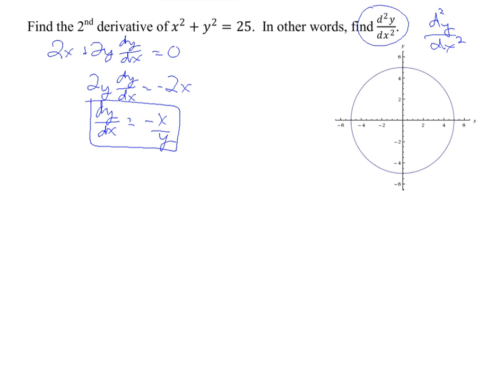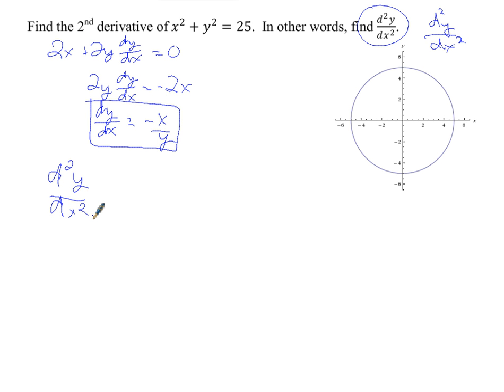For the second derivative, we're taking the derivative of the first derivative. So we're going to start here. How do I take the derivative of that? Quotient rule. So dy over dx will turn into d squared y over dx squared, because I'm taking the derivative with respect to x of the derivative of y with respect to x.